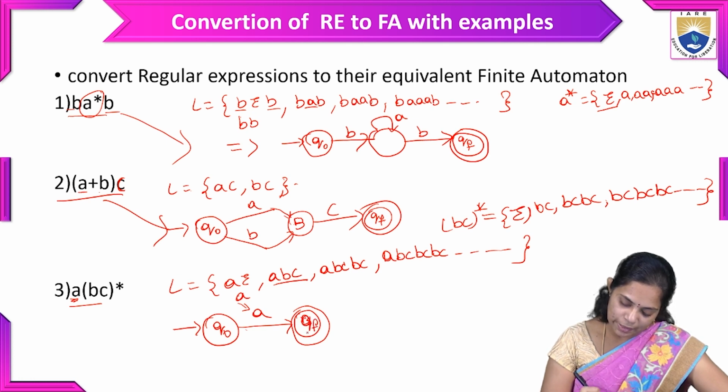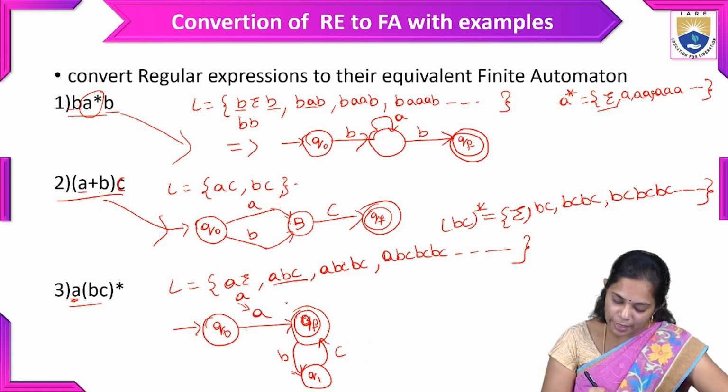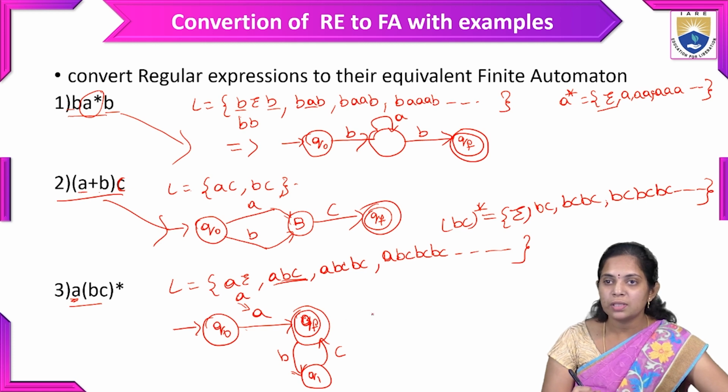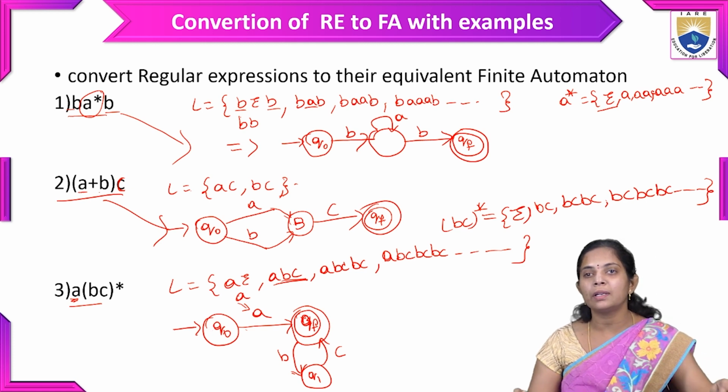QF we take as the final state, and if it has the input symbol BC, we have to take one more state and name it Q1, and here B is the input symbol, and then C. So there is a loop of repetition: after seeing the input symbol A, however many times BC is there in the input string, it reaches the final state.